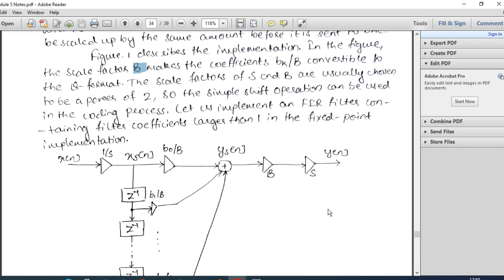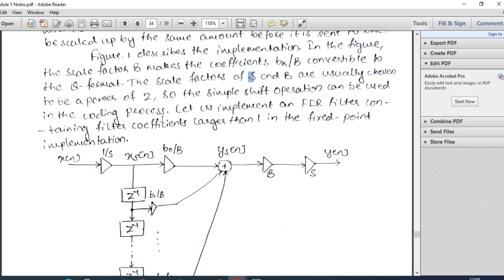b is a scaling factor which is used to scale down the coefficients, whereas s is the scaling factor which is used to scale down the input. But the condition is that s and b should be chosen as powers of 2. Whatever value I get should be nearly equal to a power of 2.